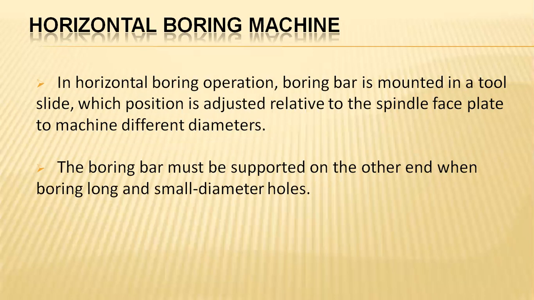Particularly in this horizontal boring machine, in order to access the spindle face plate, a machine for accessing different diameters, the boring bar must be supported on the other end for accessing long bore diameters, and even for smaller diameter holes also, in the medium range.